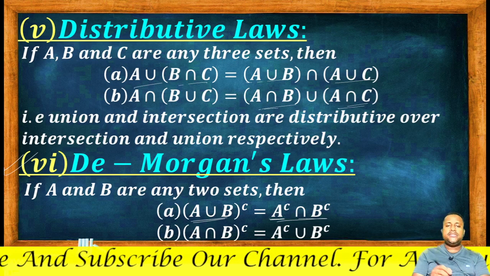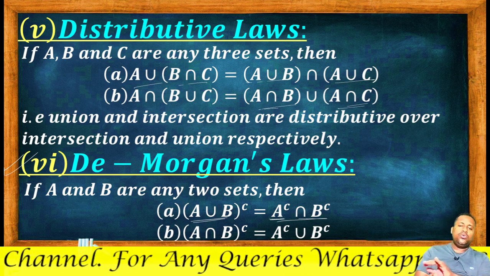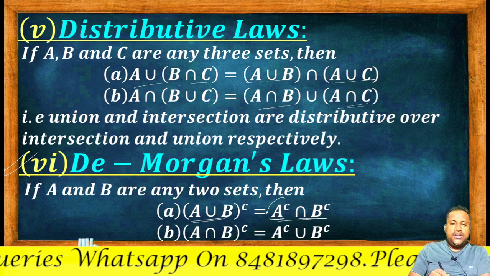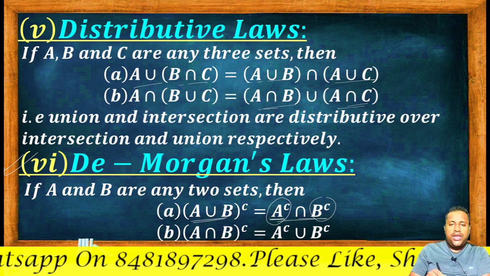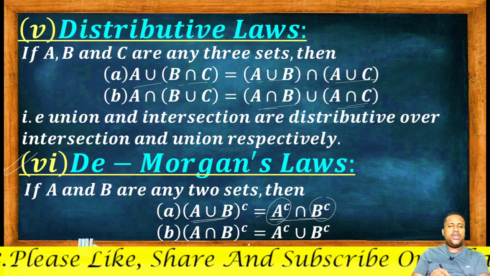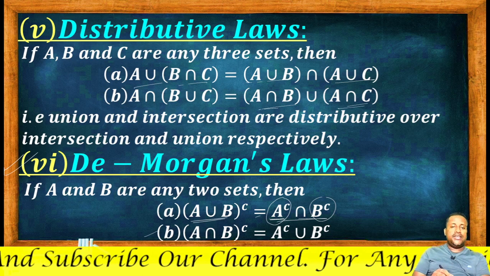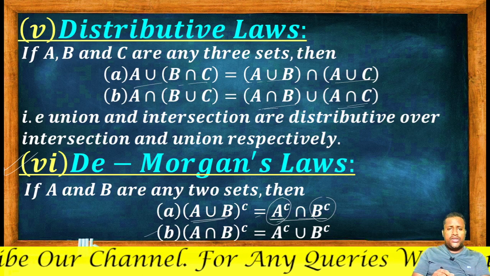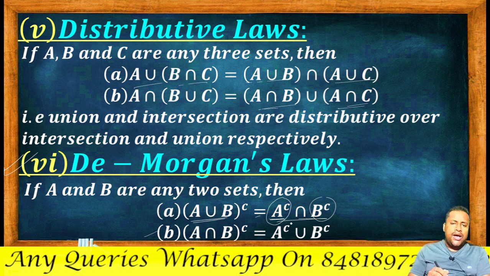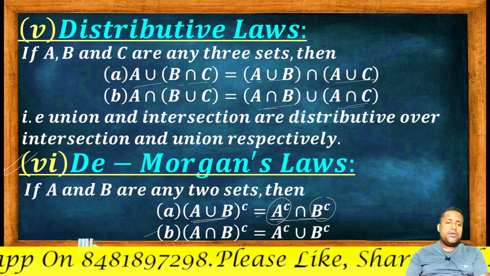That means the complement of the union of any two sets is equal to the intersection of their individual complements, complement of A and complement of B. And similarly, the complement of the intersection is equal to the union of their individual complements.